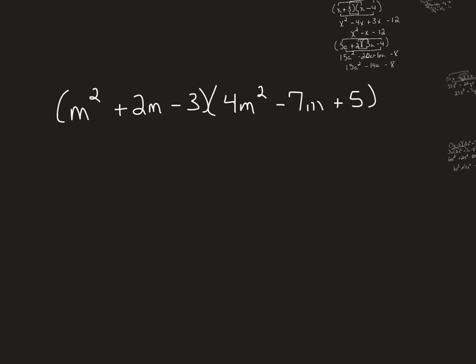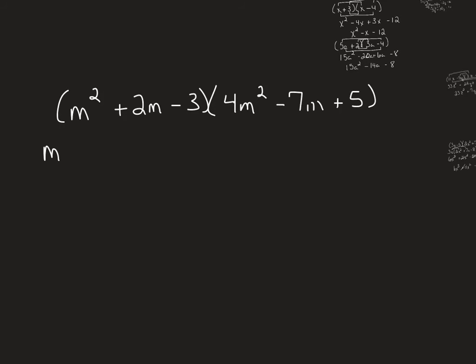Okay, now we go through the similar procedure if we multiply a trinomial times a trinomial. It just takes a little bit longer. If we have m squared plus 2m minus 3 times 4m squared minus 7m plus 5. Okay, I'm going to take each term in the second trinomial and multiply it by each term in the first trinomial.